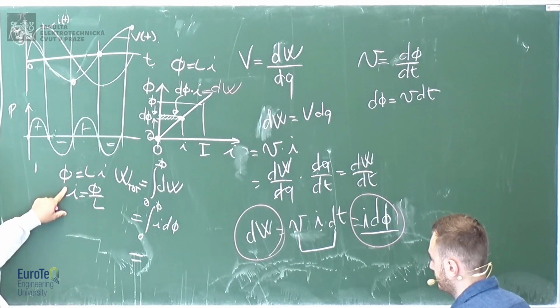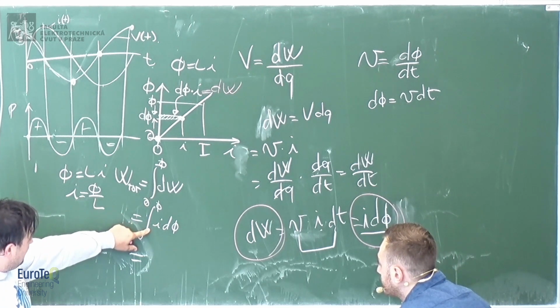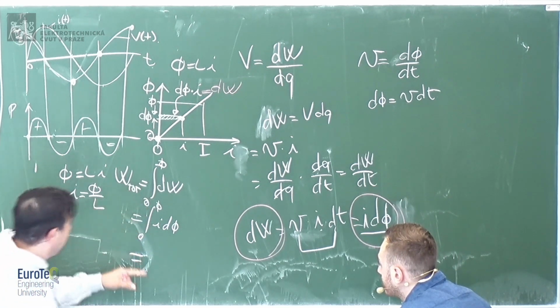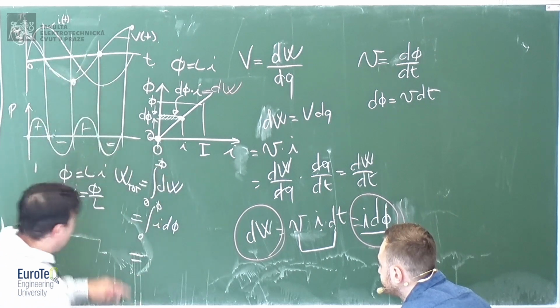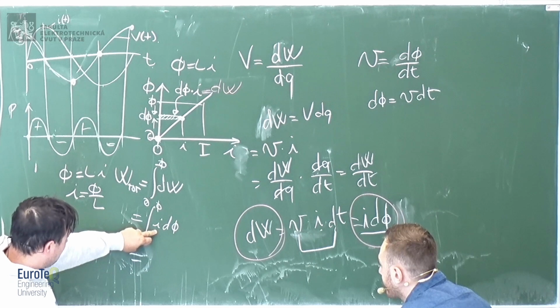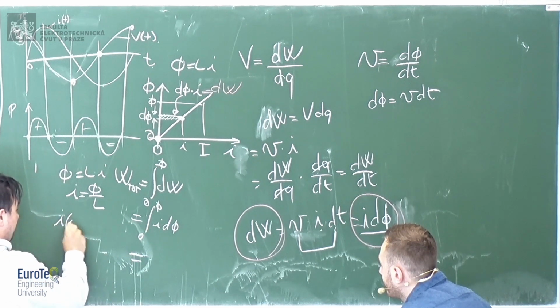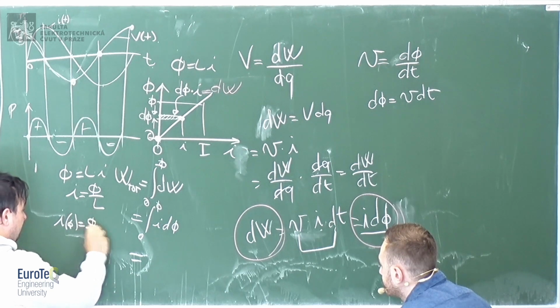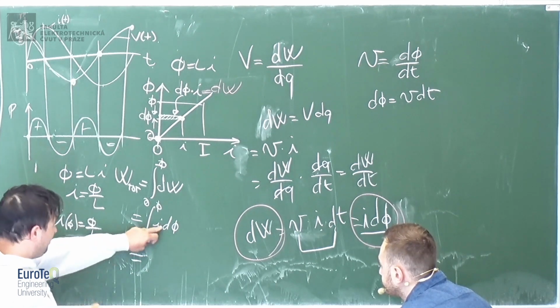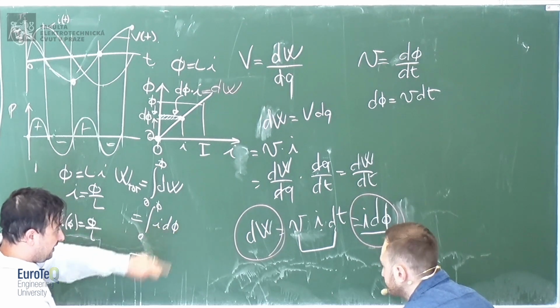So we integrate this over phi, from 0 to phi, but I is a function of phi. So I as a function of phi is phi divided by L. We should put I of phi because it changes when we integrate over phi.